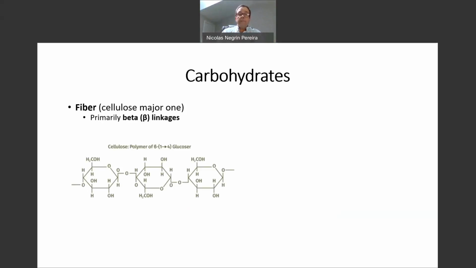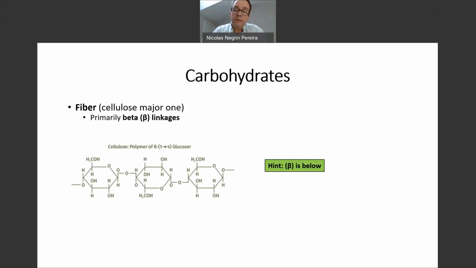And the beta linkages imply a problem for monogastrics, because cellulase, the enzyme that is able to break these beta linkages between molecules of glucose, and hemicellulase are only produced by microbes, not by the monogastric or the ruminant.